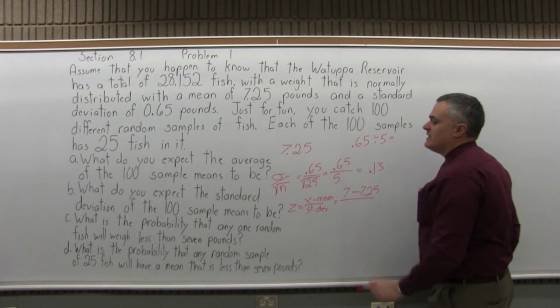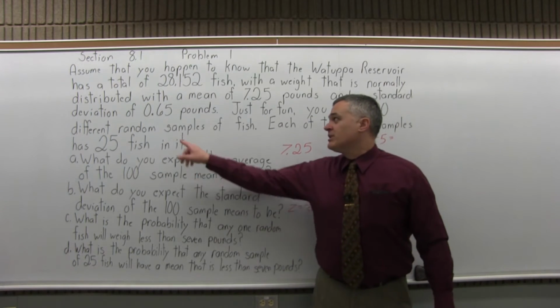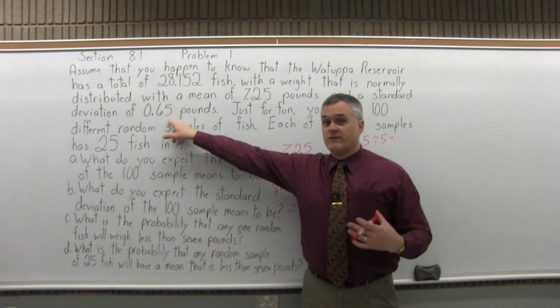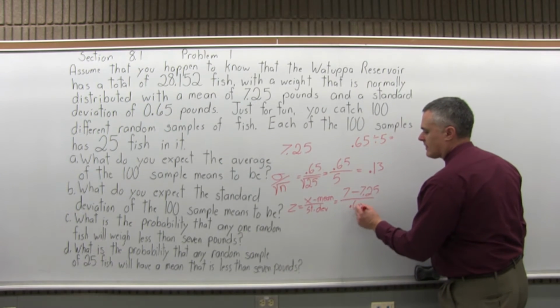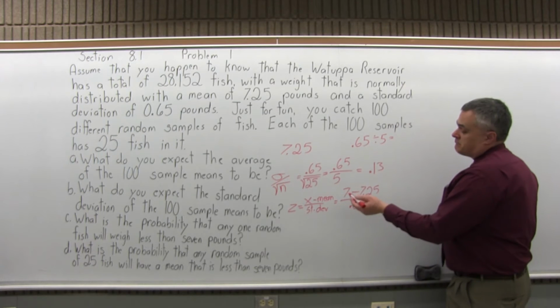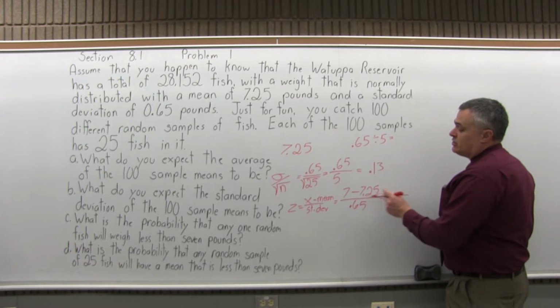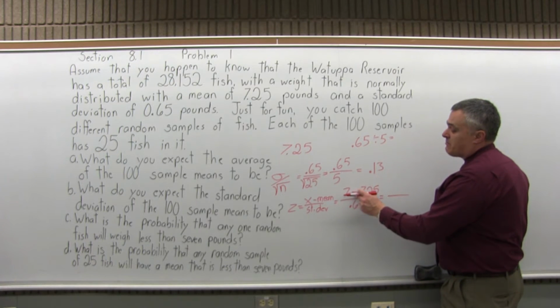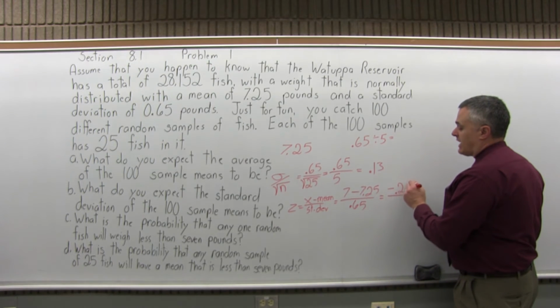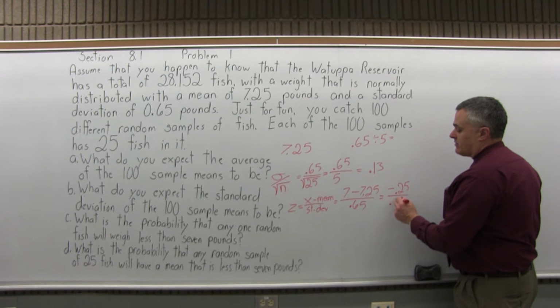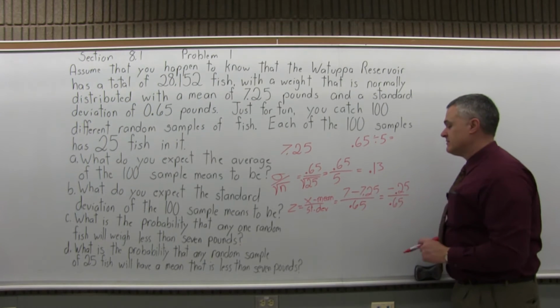Over the standard deviation. Again, for the whole population, how spread out it is from one fish to the next is 0.65. So that's how it fills in. Do the math on top: 7 minus 7.25 is negative 0.25. And in the denominator, you'll have 0.65.